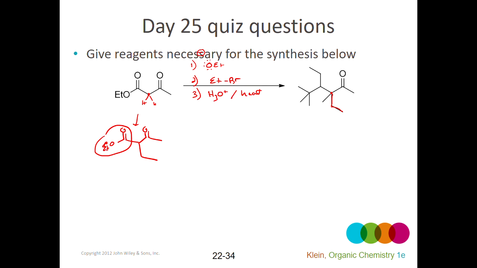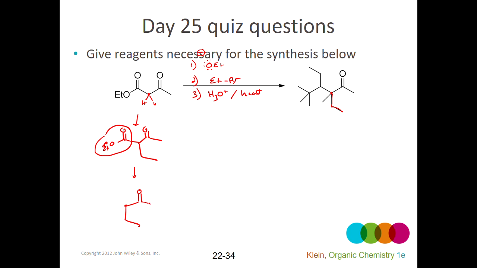The H3O plus will convert this ester into a carboxylic acid group. And then since there's another CO double bond a couple carbons away, that will facilitate the decarboxylation reaction we saw earlier today and get rid of that carboxylic acid group. And so that will be gone and replaced with a proton from the H3O plus.